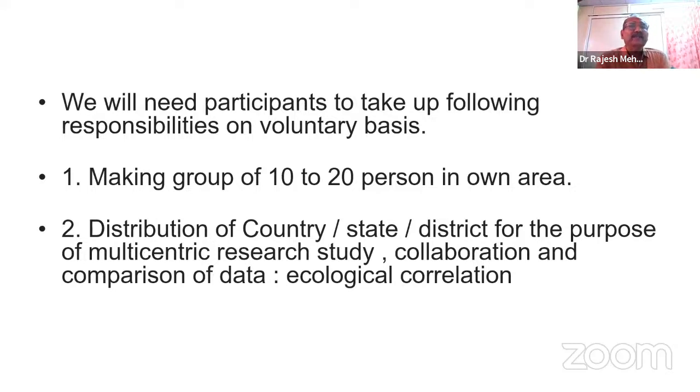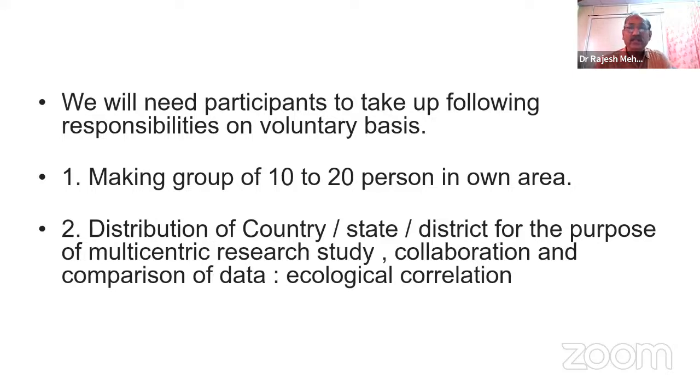Or suppose you are from Gujarat, you can compare Dahod and Ahmedabad and Baroda for the purpose of some statistical data or parameters. That will give you a lot of insight, and the dialogue and discussion will be very fruitful, and you can collect the best of all the areas.